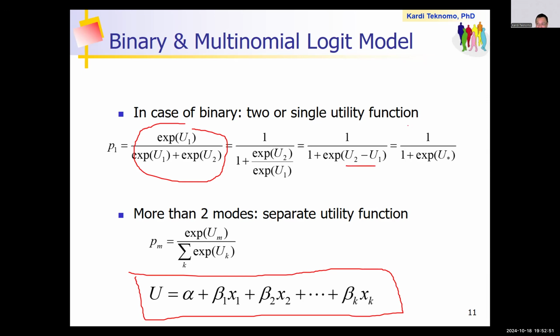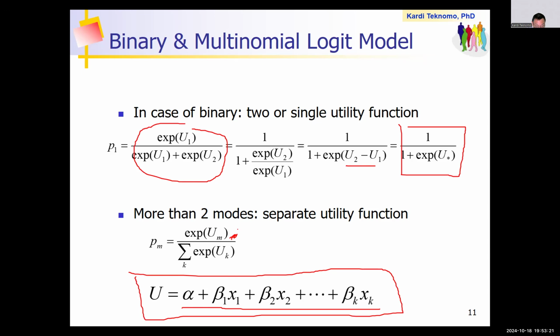So basically, this is the logistic function, right? Now if you have more than 2 modes, the same formula, but now the exponential of the utility of 1 mode divided by the sum of all these exponentials of utility. Remember, utility represents some kind of linear regression.